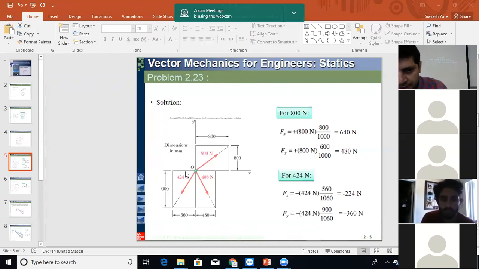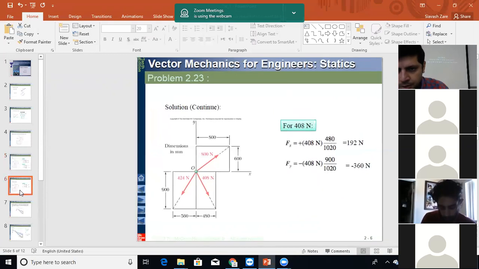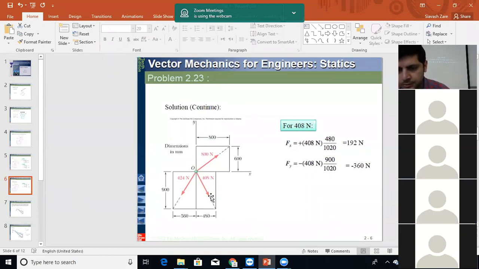Okay, so we have another force. So this one, you can see I repeat, the theta here is the angle between the vector and the x components. So cosine of theta times the vector would give you x component, and sine would give you the y component.